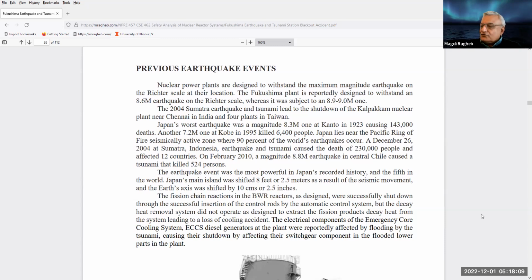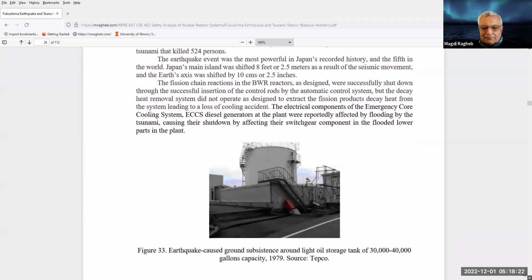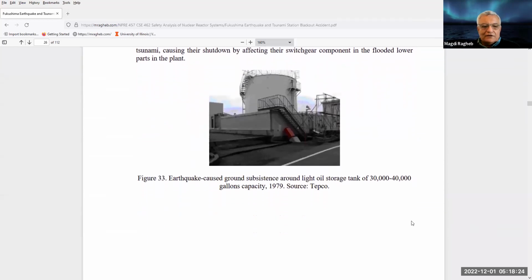As we know, though, Japan is part of the ring of fire around the Pacific Ocean. Volcanic eruptions and earthquakes are very common. The Japanese live in an environment where earthquakes are very common. So their power plants are designed to withstand those earthquakes. And every once in a while, when an earthquake happens, some damage happens to some of the equipment.